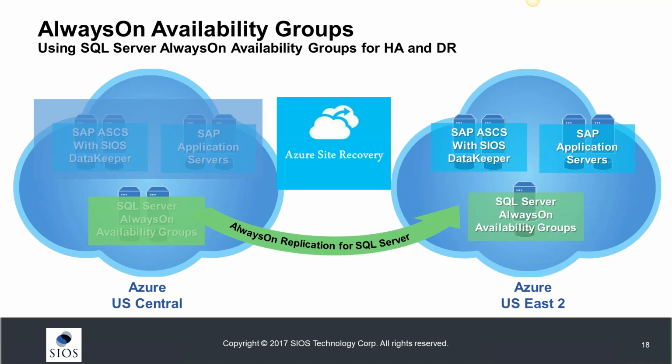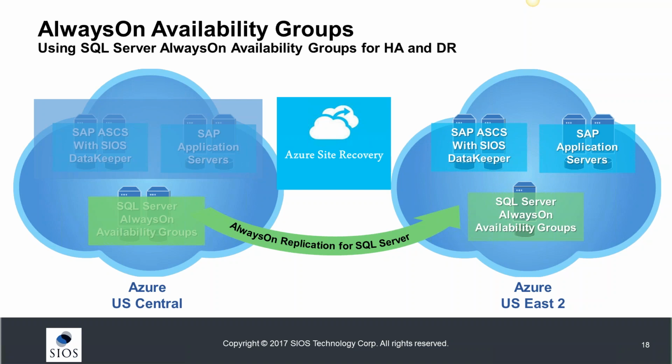But as you notice up top, this is kind of illustrating a SAP implementation in the cloud where you have the application servers, the SAP ASCS instance, a clustered instance with DataKeeper. So we're replicating all the other virtual machines associated with this application stack using Azure Site Recovery, because they don't really have any kind of built-in replication mechanism.